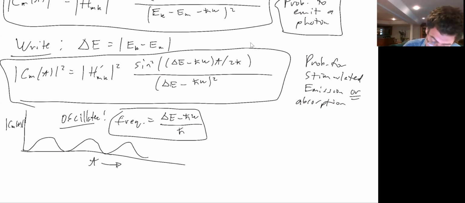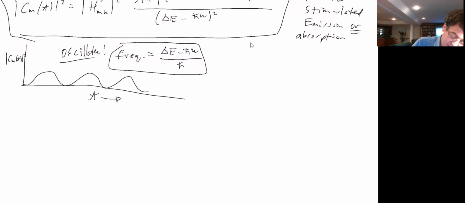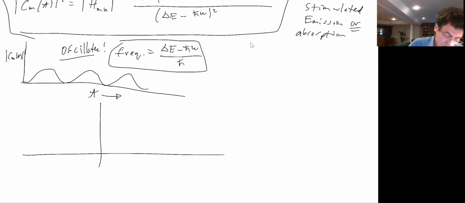Okay, and then we also notice that we have that same behavior where if we look at the probability to have a transition to other energies as a function of energy, as our final state energy goes away from our initial state energy, we get a reduction in the probability.